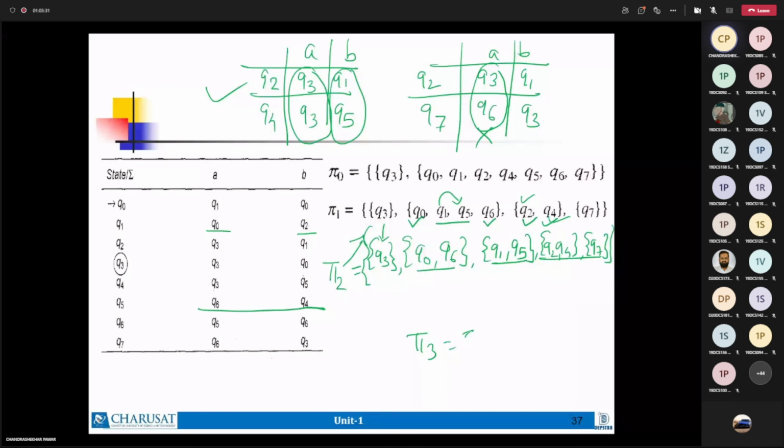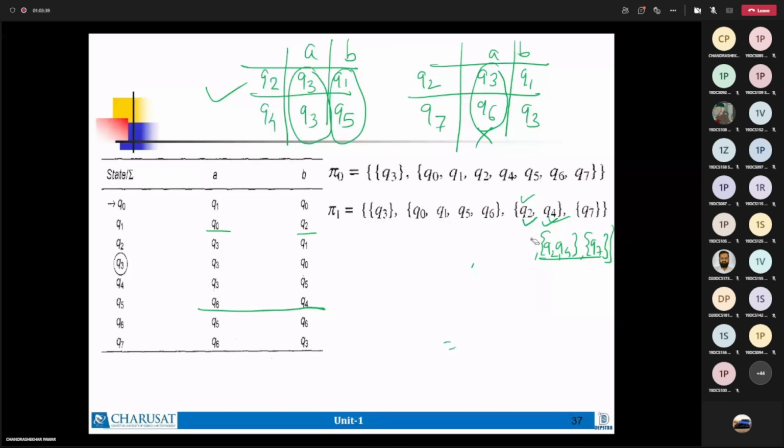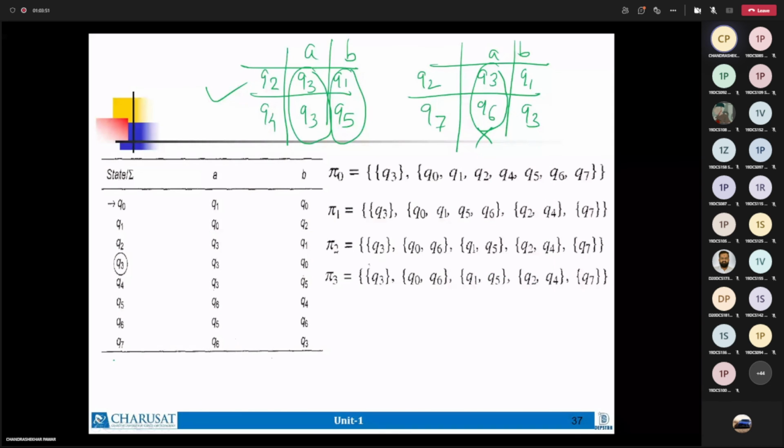We cannot directly write down that. So when I prepare that, I obtain that pi 2 and pi 3 are same.